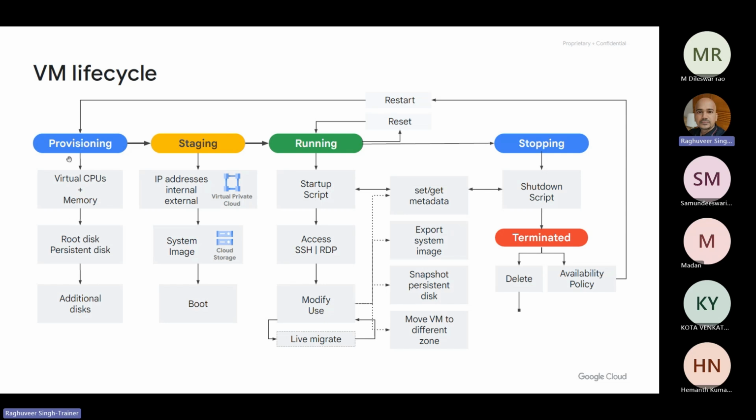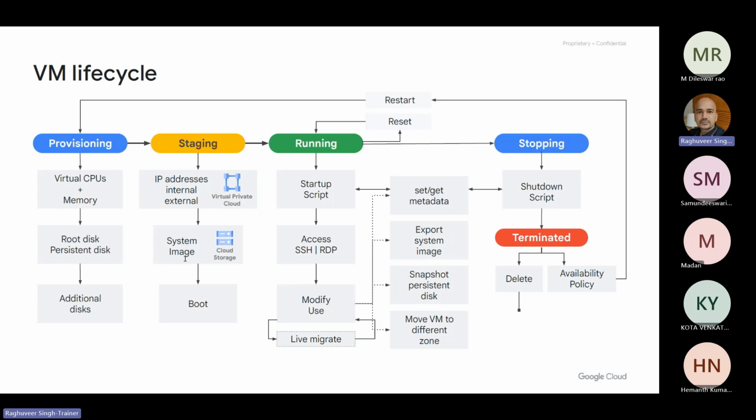After you select all of the configuration, you submit the configuration. That's where the VM goes into staging mode. In the staging mode, the VM is configured as per the given configuration. VM gets an IP address, internal, external, based on the configuration. VM image, when you are provisioning the VM, you select the image, whether it's Windows, Linux.